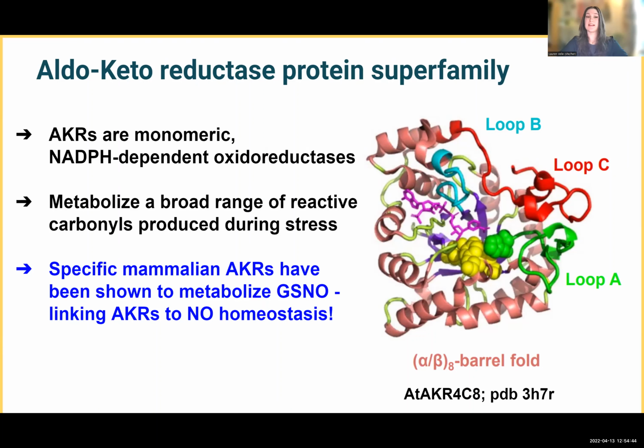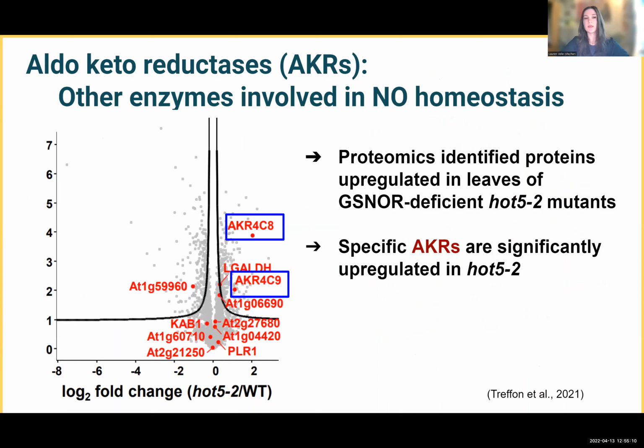They are monomeric NADPH-dependent oxidoreductases, in comparison to GSNOR's NADH-dependent activity, and they metabolize a broad range of reactive carbonyls produced during periods of stress. Most importantly, specific mammalian AKRs, specifically AKR1A1 in humans, have been shown to metabolize GSNO, which links these aldo-keto reductases to nitric oxide homeostasis in plants.